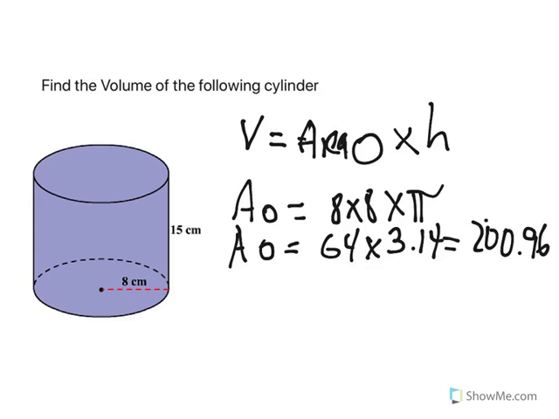So volume is going to be equal to 200.96 times your height of 15, and remember, the final answer is going to be cubed. So that times 15.